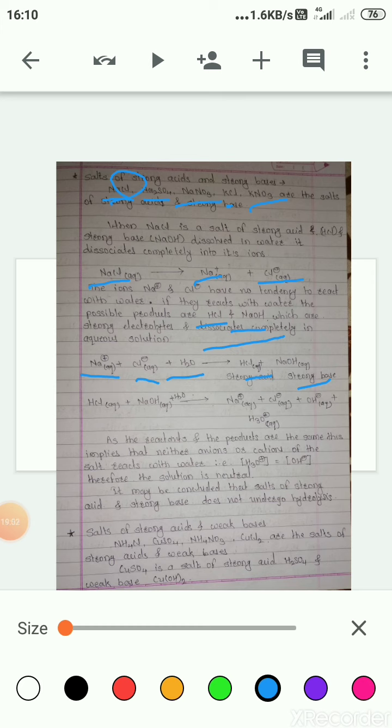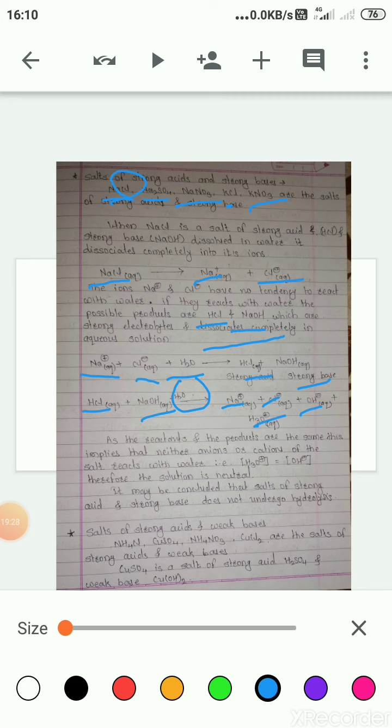and as both these acid and base are strong electrolytes, they again dissociate: from NaOH, Na+ and OH-, and from HCl it produces H+ and Cl- ions. H+ we have written here in the form of the hydronium ion.